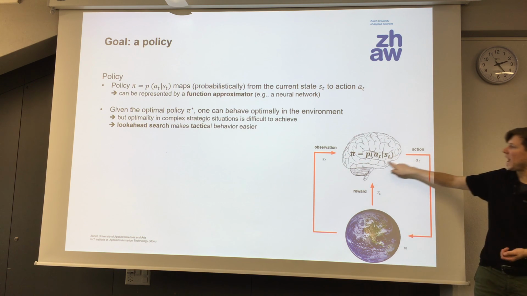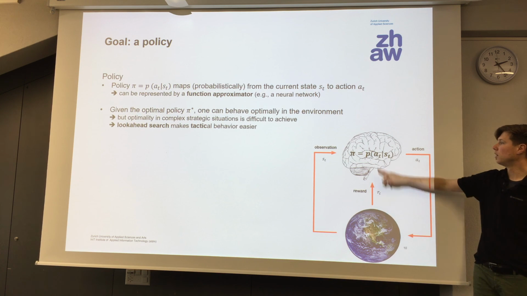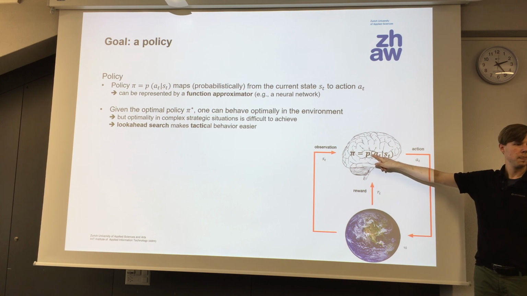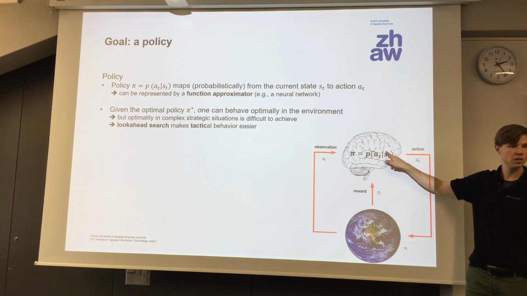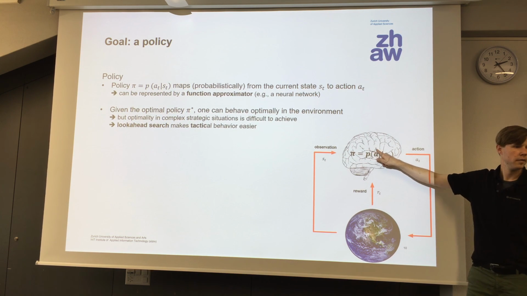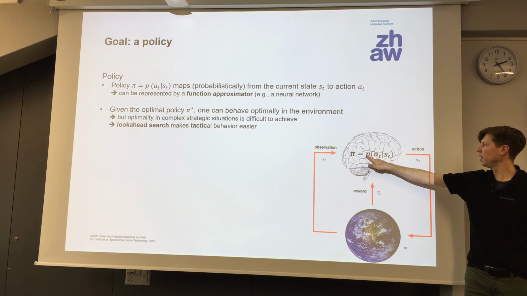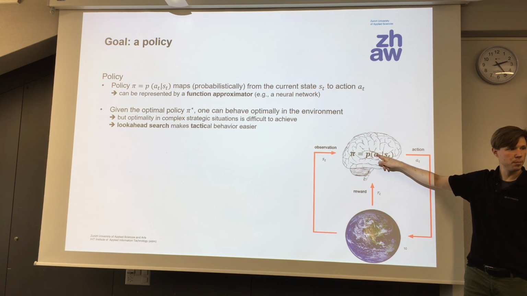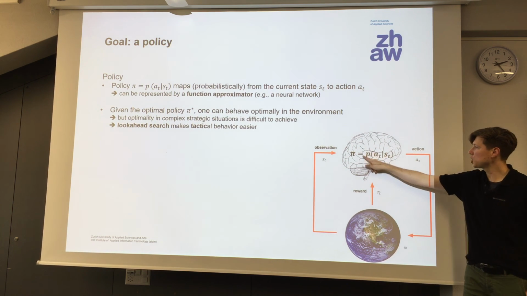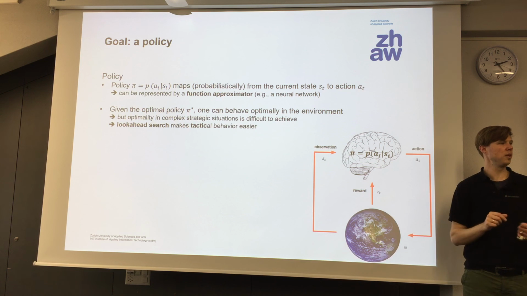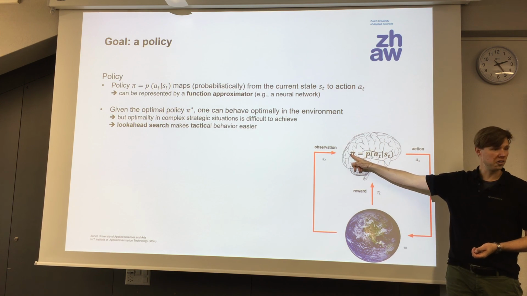Our agent could actually be modeled or written down as a specific function. A function that gives you, for any given observation as input, the probability per possible action. So the probability of any possible action given the current state. And this function that is giving that quantity is called the policy.